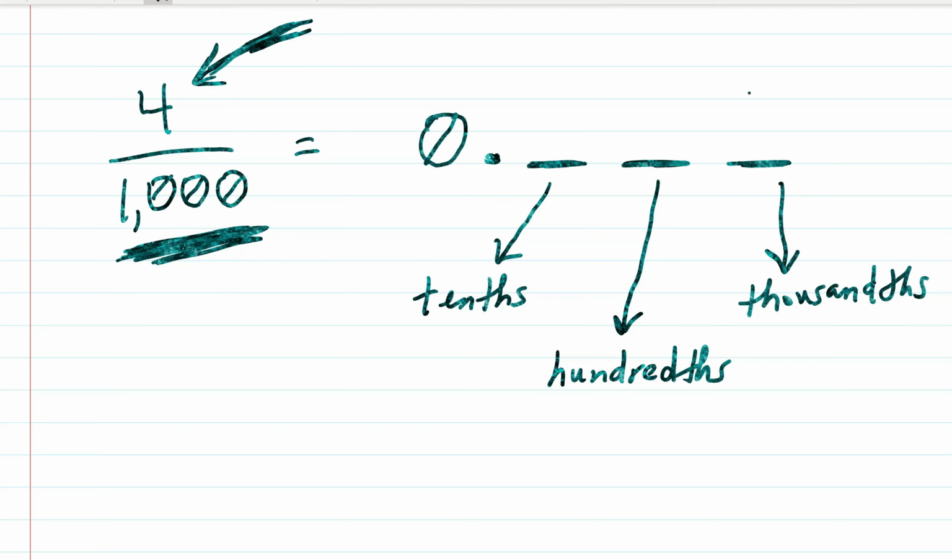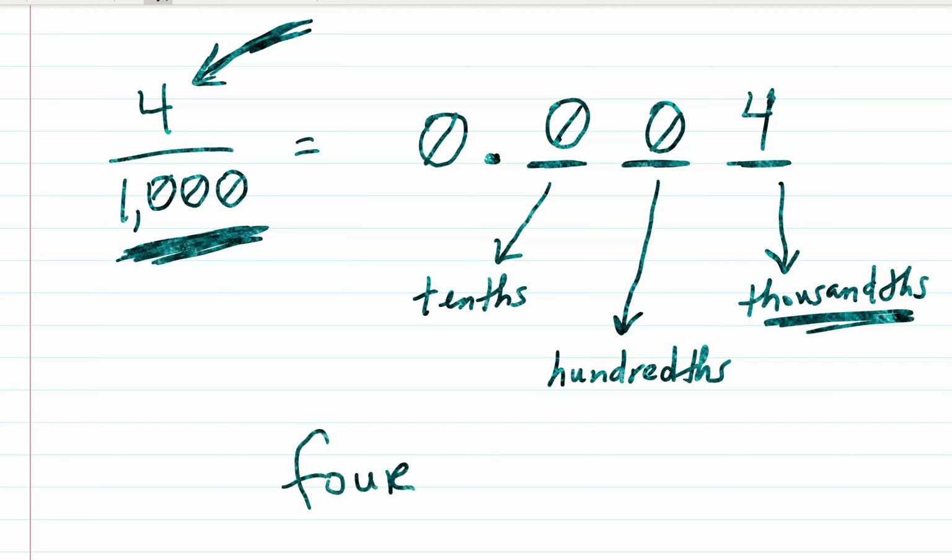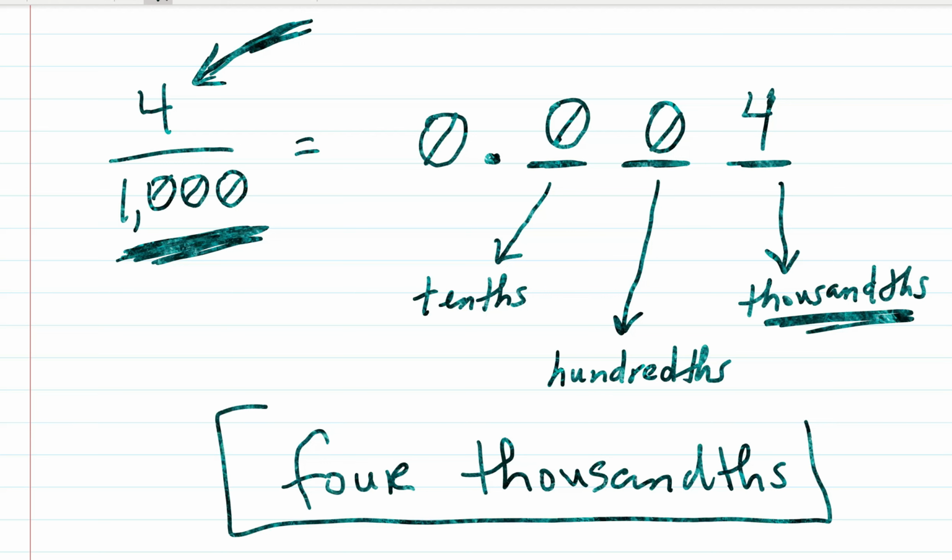So we put a 4 right out here, and then put zeros in the other places. Now you just read it as 4, and then look at what place it's in. It's in the thousandths, so it's read as 4 thousandths. You know you've done it correctly because it sounds just like the fraction 4 thousandths.